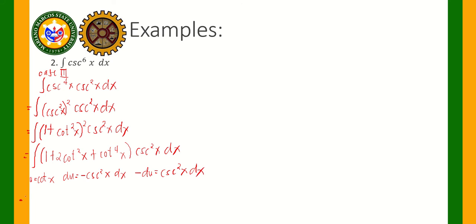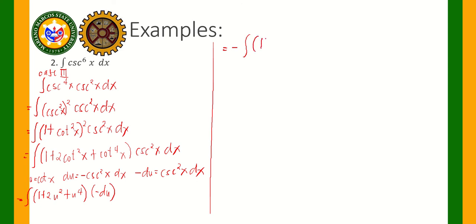So, if we rewrite this equation, this will be equal to 1 plus 2u squared plus u raised to 4 times negative du. And for our negative sign, we can omit that and isolate it. So, this will be equal to negative the integral of 1 plus 2u squared plus u raised to 4 du.